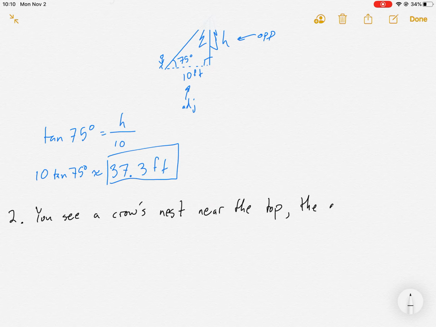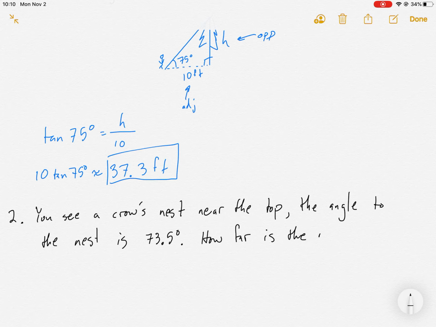And the angle, you real quick get out your measurer of some sort, altimeter I think it's called, to the nest is about 73.5 degrees. And so your question is, how far is the nest from the top of the tree?